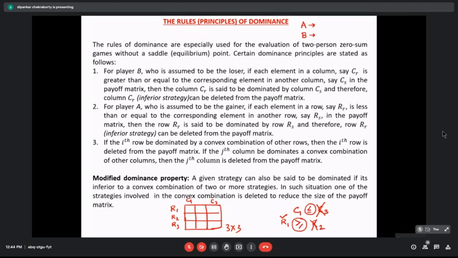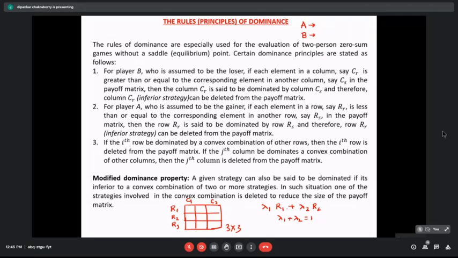So there is another rule which can also be applied. Suppose R1 and R2 do not satisfy the relation R1 is greater than or equal to R2, but consider a convex combination: lambda 1 R1 plus lambda 2 R2, where lambda 1 plus lambda 2 equals 1. That means the sum of the coefficients of R1 and R2 is 1.